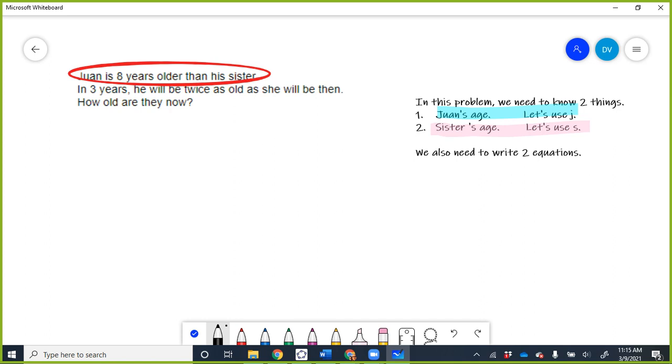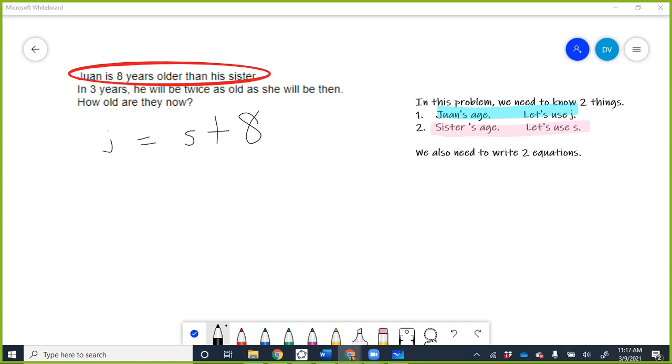Remember, J is Juan's age. Now, 8 years older than his sister is going to be his sister's age plus 8, or S plus 8. So go ahead and write that equation, please.